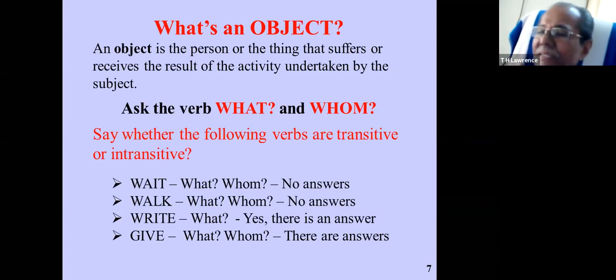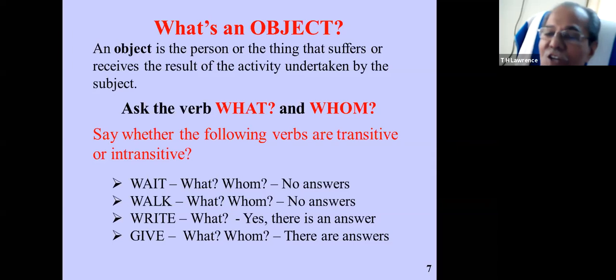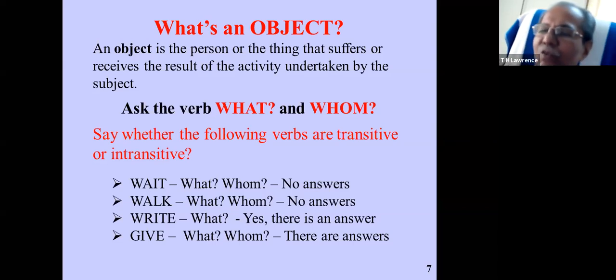And go to the third verb, write. What? Yes, there can be an answer. I'm writing a letter. So what? There is an answer. And go to the fourth verb, give. What? There can be an answer. Give a gift. Whom? I am giving you a gift. I am giving what? A gift. And whom? You. There are two answers. You have got answers for what and whom.